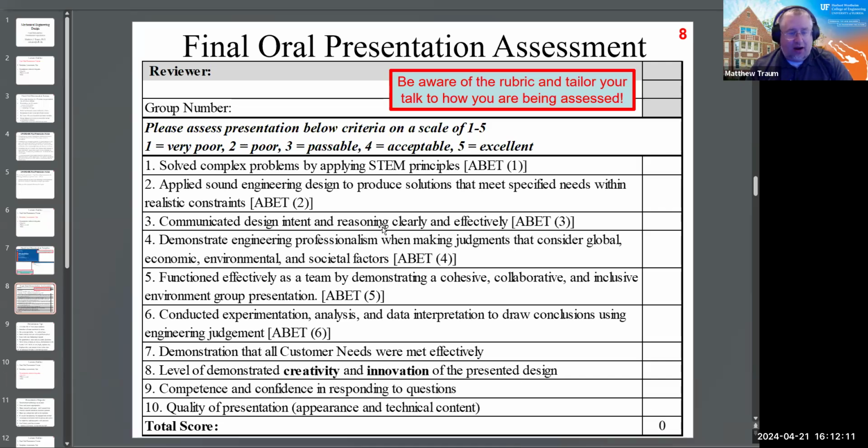But just be aware that 6 of these metrics are based on ABET learning outcomes for the Mechanical Engineering Bachelor of Science program.